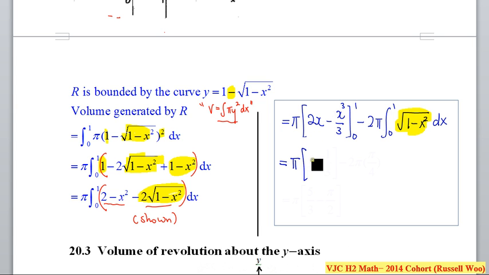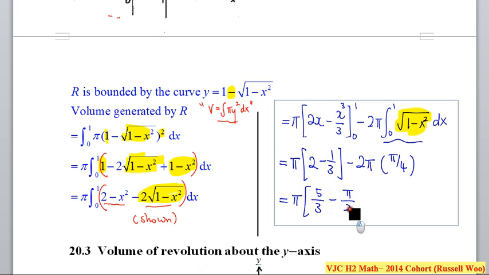Substitute in 1, you get 2 minus 1/3. Sub 0, you get nothing. Minus 2 pi. Now, this result is powerful from the earlier part. Yes? Therefore, you get pi in exact form. We can use our GC to check this answer, yes, but we can't use the GC to find an exact form. Alright?